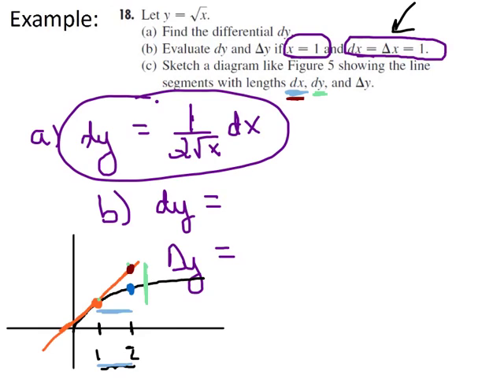And then lastly, let's pick one more color for delta y. Delta y is the difference in y's on the curve. So if I go from here to here, of course I'm going to have the same bottom as the green one. That's the length of my delta y.